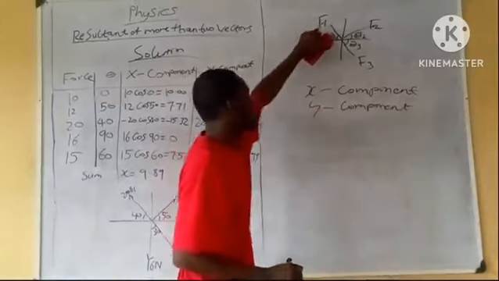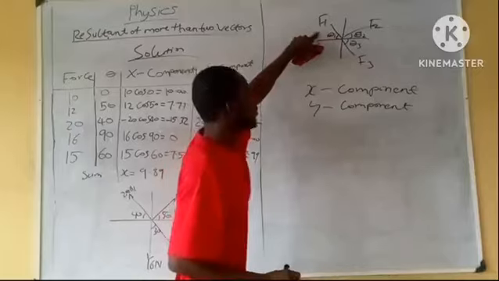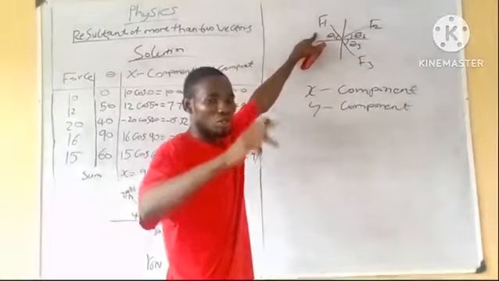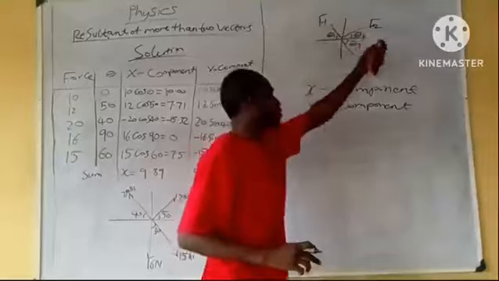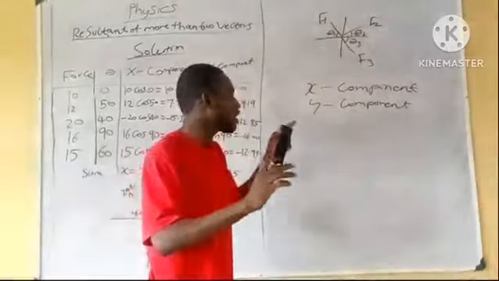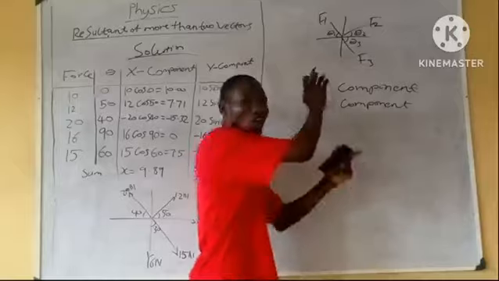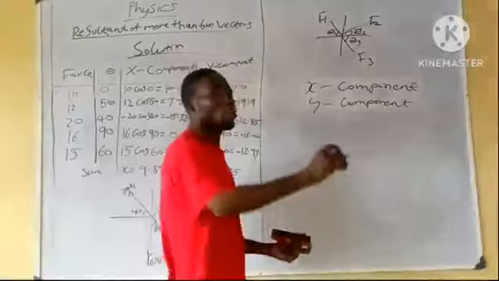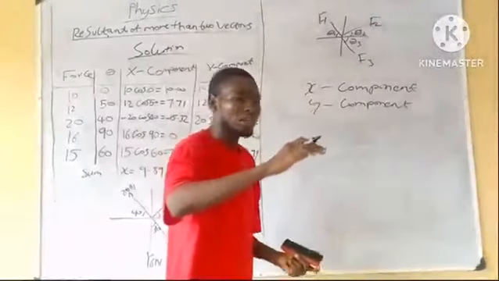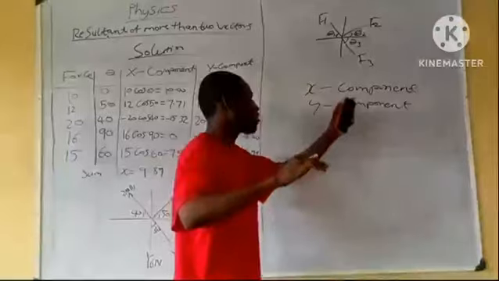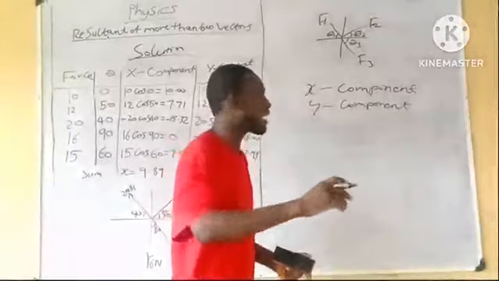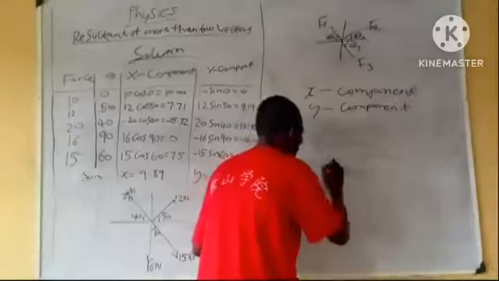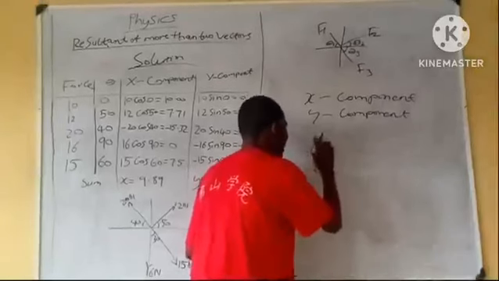After resolving each vector, you remember that each of them has both a vertical component and a horizontal component. After resolving each of them, you add them: all the vertical components you add, all the horizontal components you add. Then you represent the vertical component and horizontal component in a perpendicular direction, in the form of a right angle triangle.